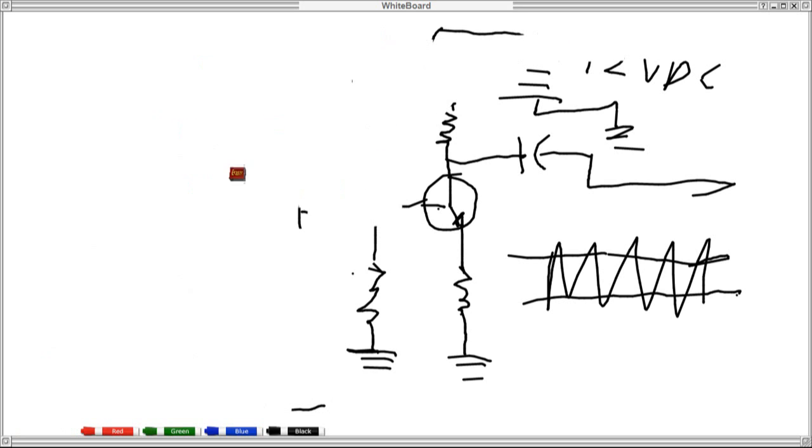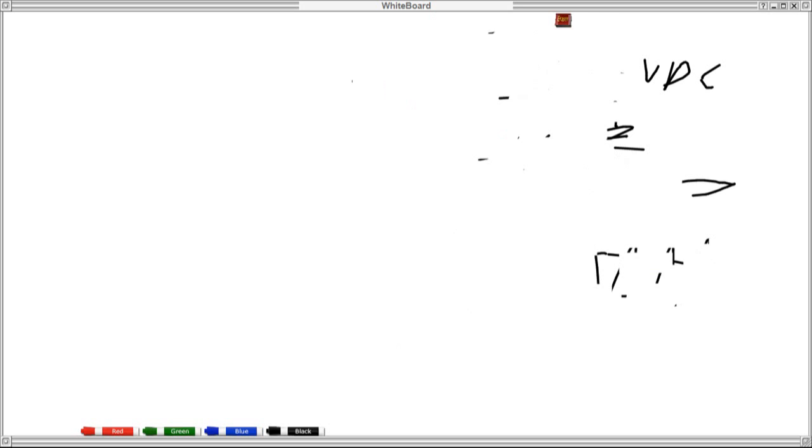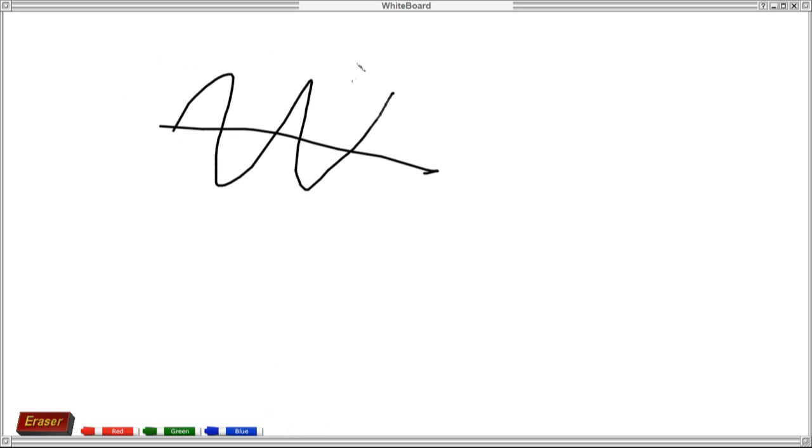It's annoying, I really hate drawing on really limited space. Okay, so instead of getting a nice clean wave, you're getting something like this, and it's all truncated.